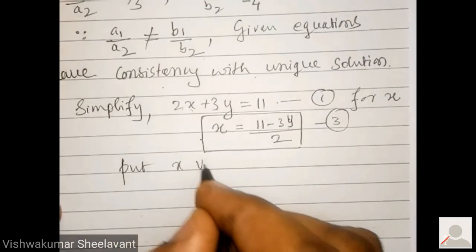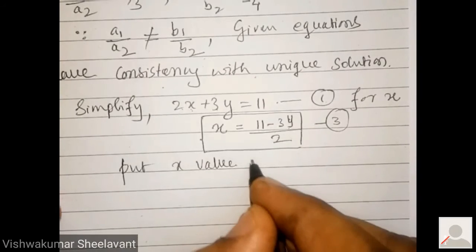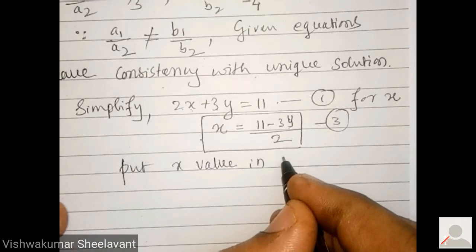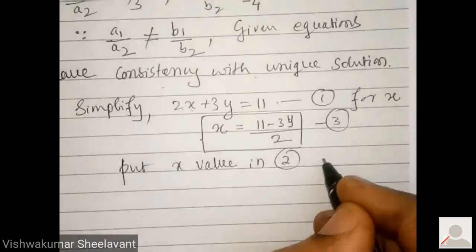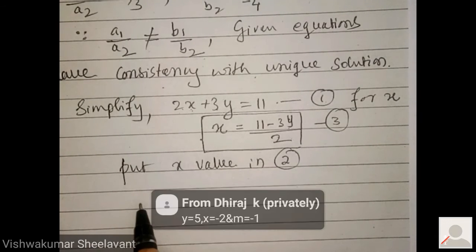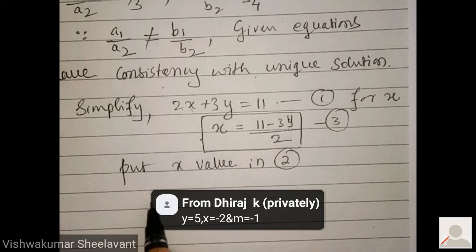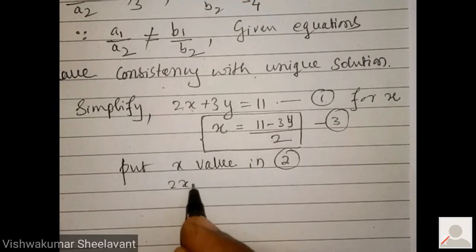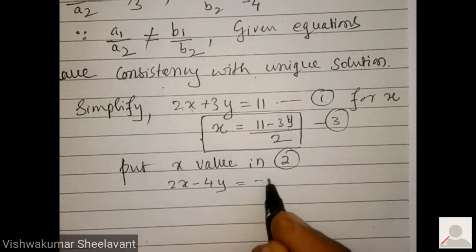Put x value in equation 2, which is 2x minus 4y equal to minus 24.